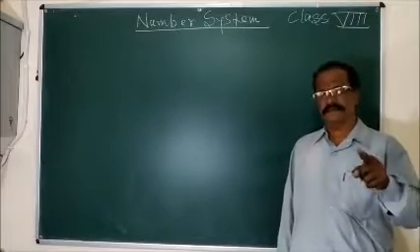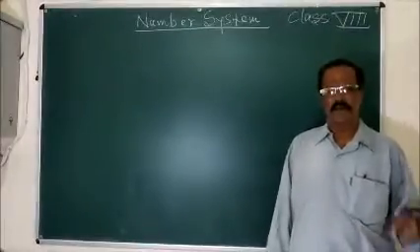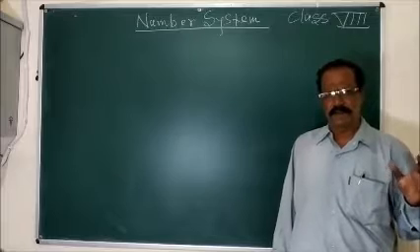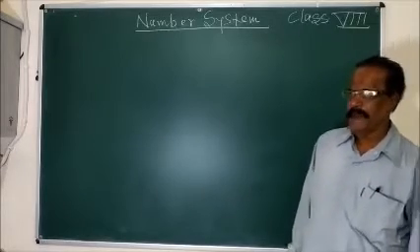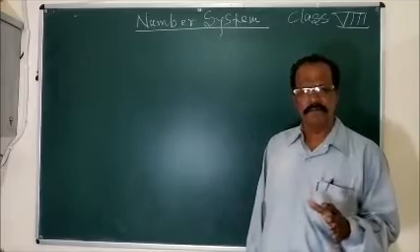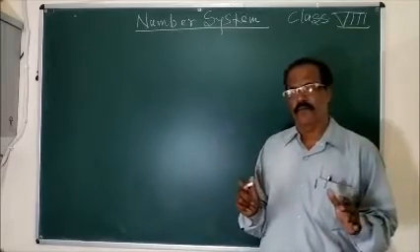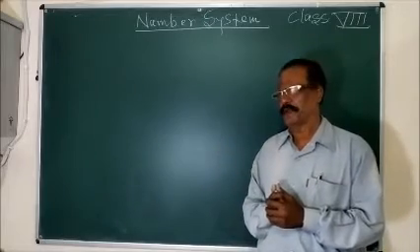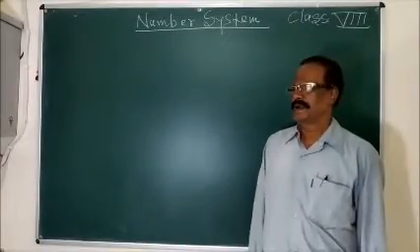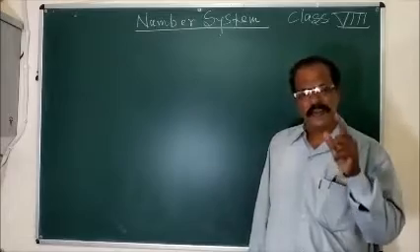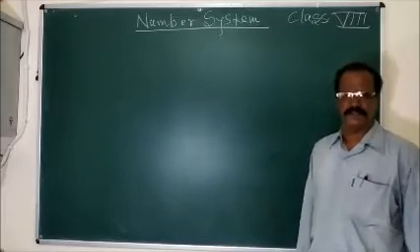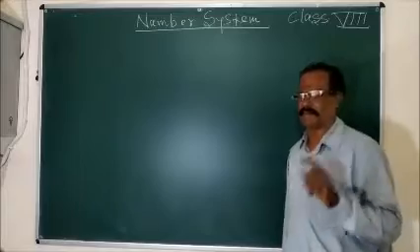So all the counting numbers are natural numbers: 1, 2, 3, 4, and so on. There is no largest number, because we can always give the successor of any number, and therefore we don't know the largest natural number. As far as the lowest number is concerned, 1 is the smallest natural number, and the set of these numbers is known as natural numbers.